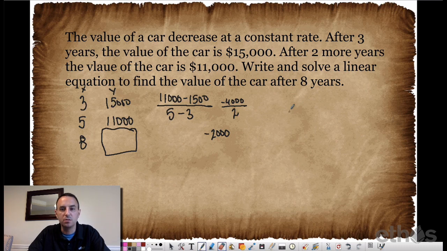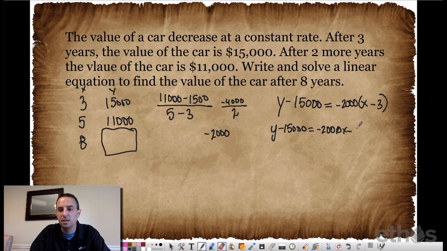It doesn't matter what I use. So y minus y1. So let's use this one, 15,000 is equal to negative 2,000 times x minus 3. So distribute everything. y minus 15,000 is equal to negative 2,000 x minus, so plus 3,000.